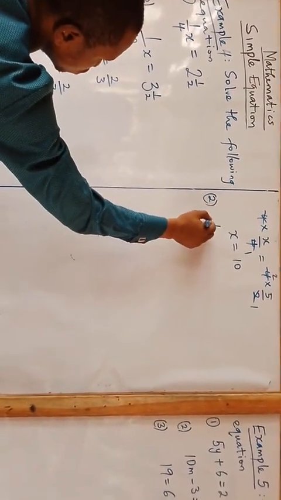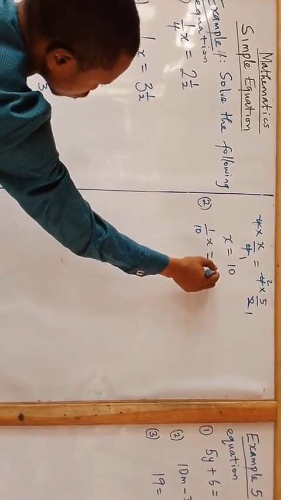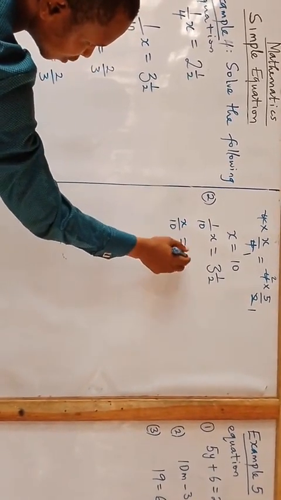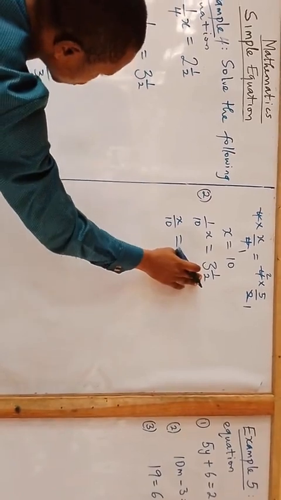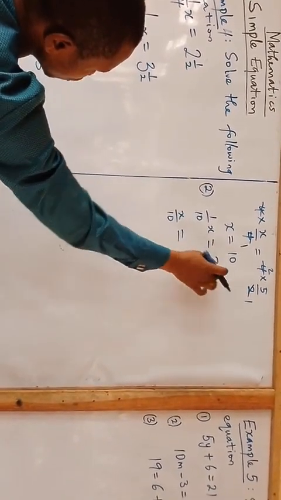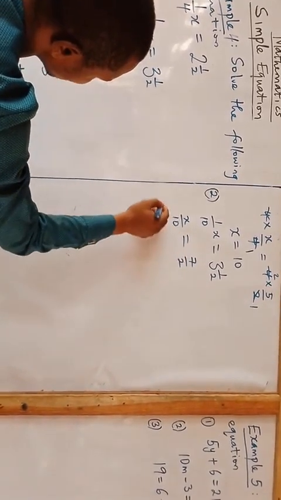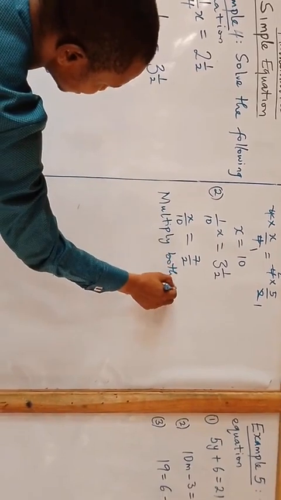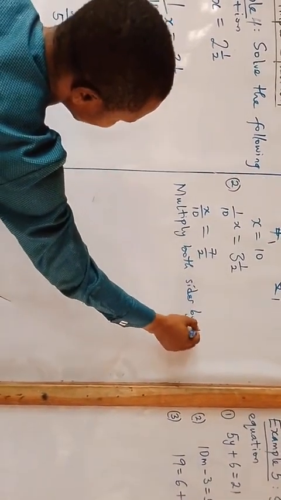Let's solve question 2. We have 1 over 10x is equals to 3.5. So we are going to have x over 10. Don't forget, this 3 over 2, we are going to express it in form of improper fraction. 3 times 2, 6 plus 1, we are going to have 7 over 2. Then we are going to multiply both sides by the LCM.